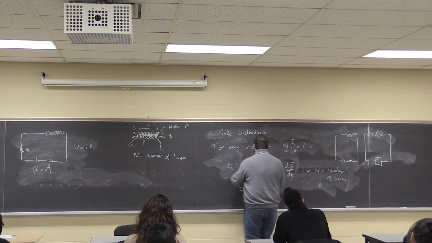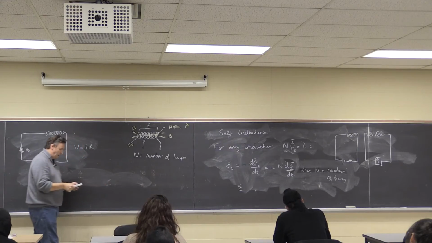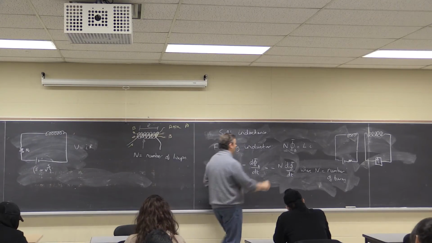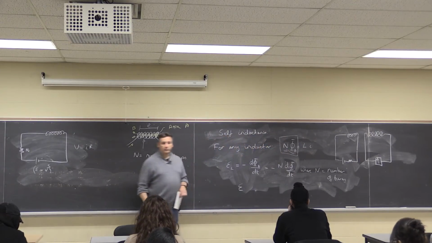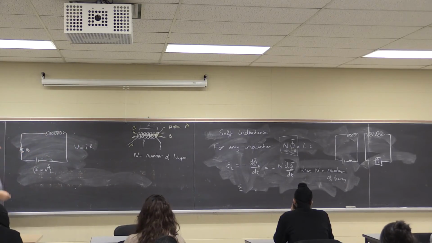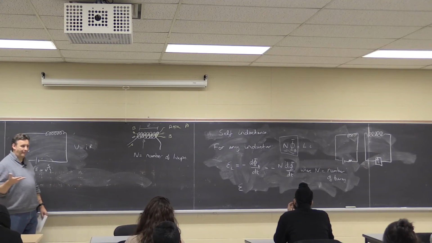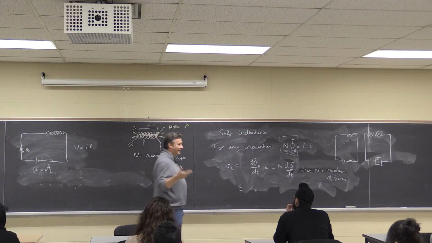So you'll see both. You'll see changing flux, or you'll see the flux multiplied by N in some cases. So we know what that equals. It just equals L times the current. Does L change with time? It's Friday before reading week.